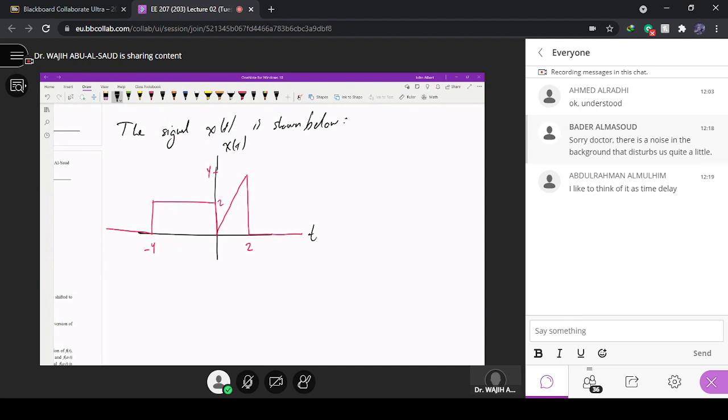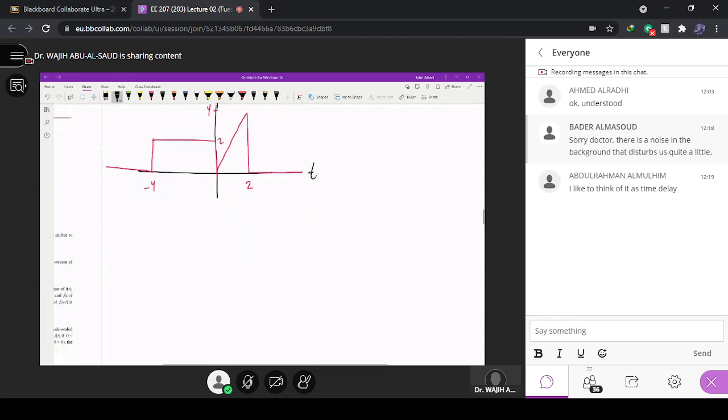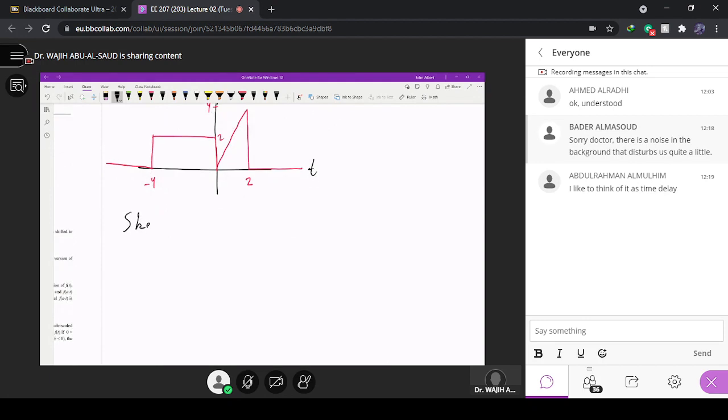You remember the 6 transformations that we have talked about? All of them will be there. Sketch the signal y of t, which is equal to 1 minus 2 x of 2 minus 3t.